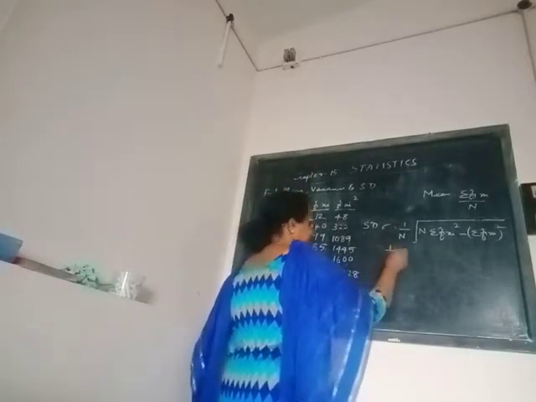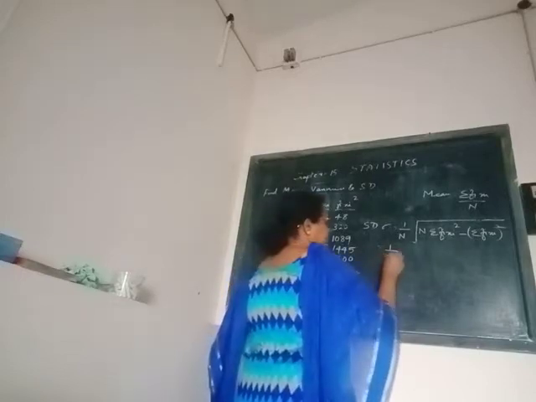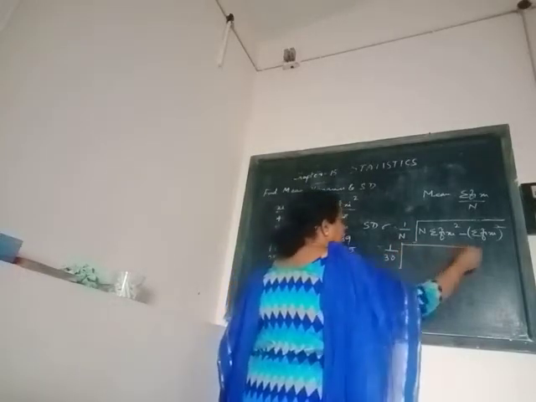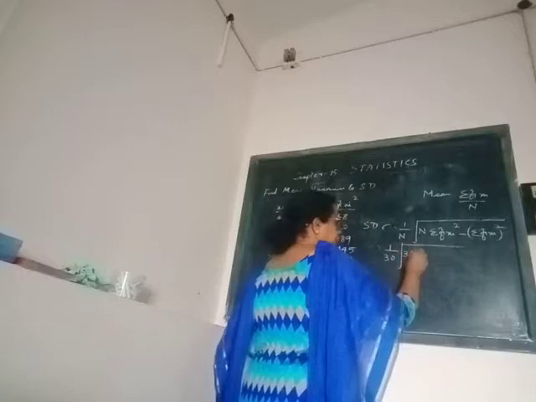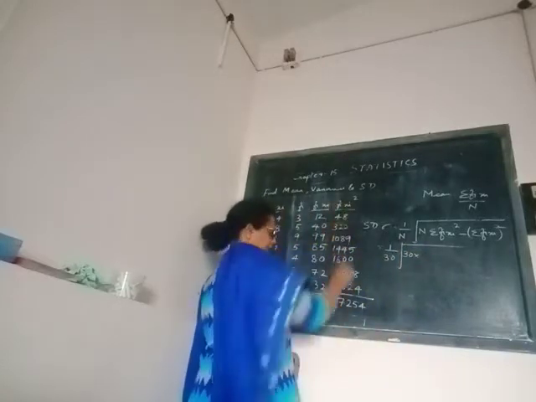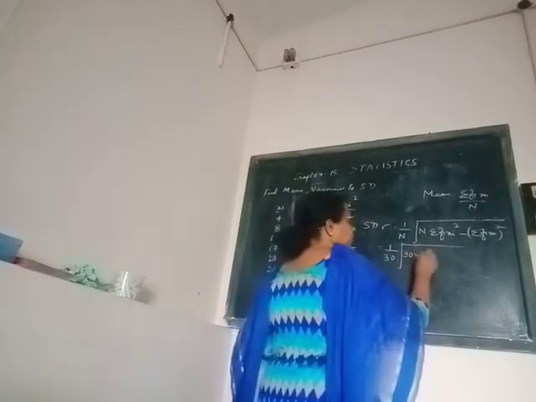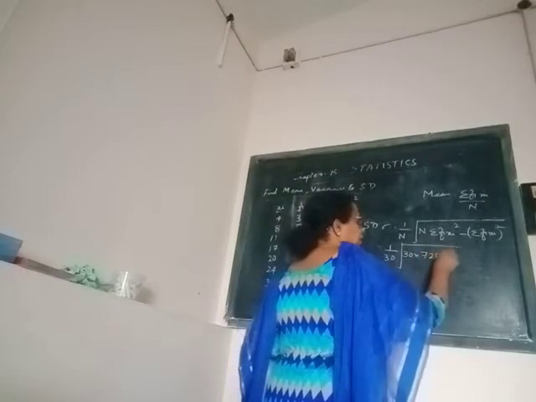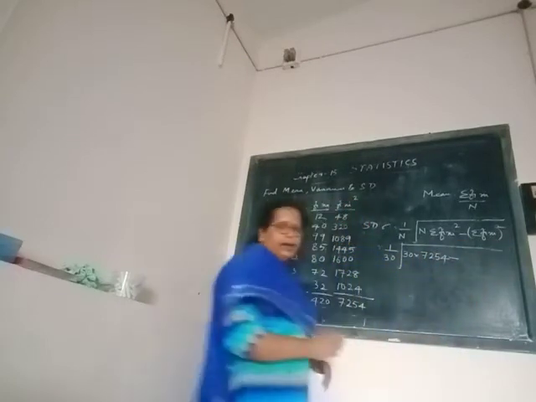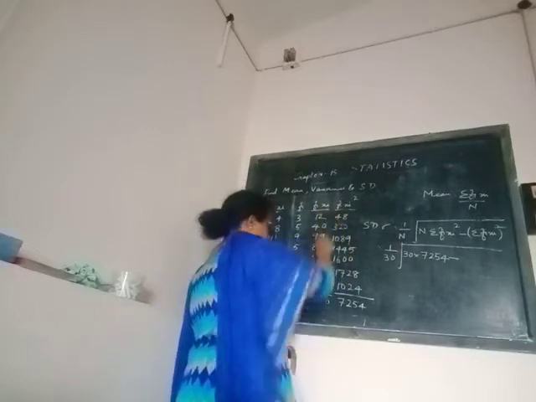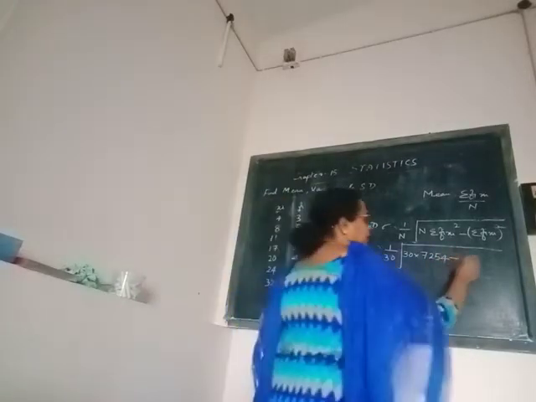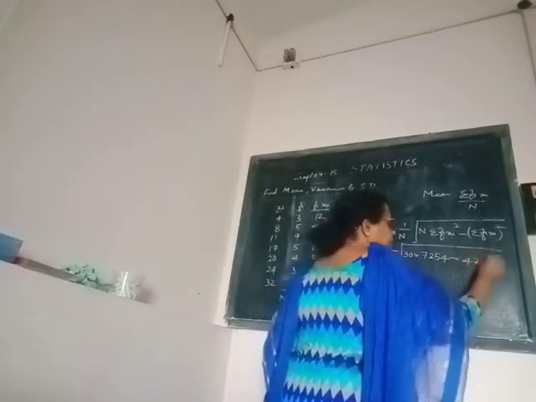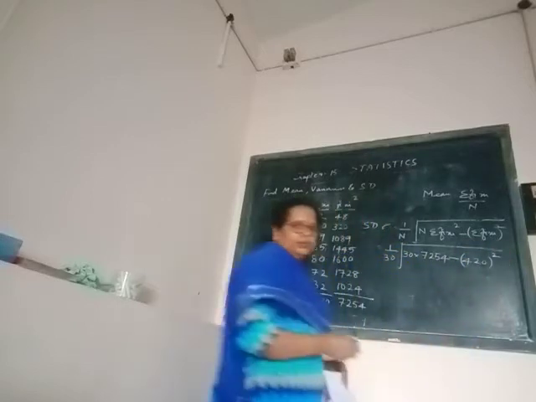So substitute: what is n? 30. Root of n times sigma fi xi squared, which is 7254, minus sigma fi xi whole squared. What is sigma fi xi? 420. 420 whole squared.